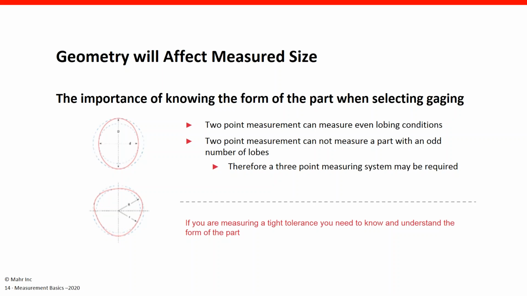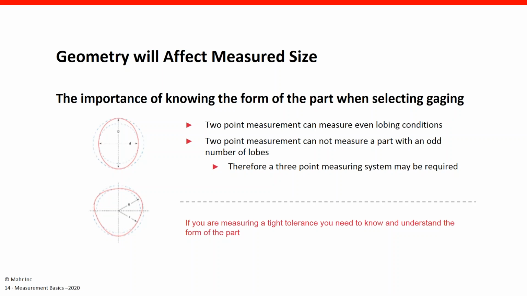Now, when we measure that part with an adjustable bore gauge or an air plug or a mechanical plug gauge, it's easy to see the difference between the major and the minor diameter. But if that part has an odd number of lobes, like in the lower condition there, a 2-point gauge is not going to measure that part correctly, because as the gauge rotates around that part, it always sees the same diameter.